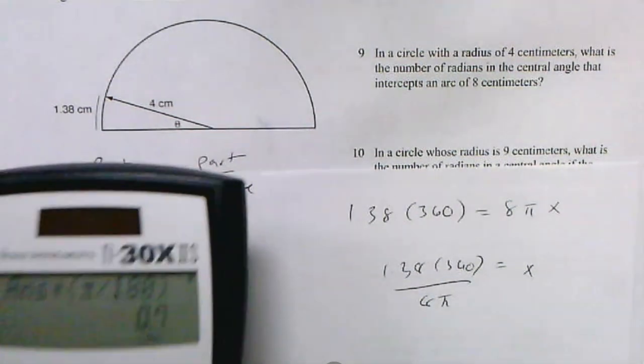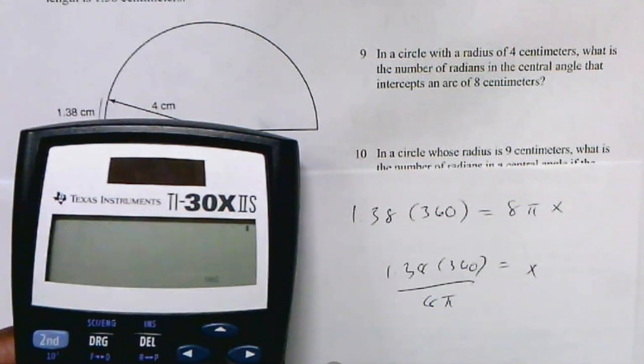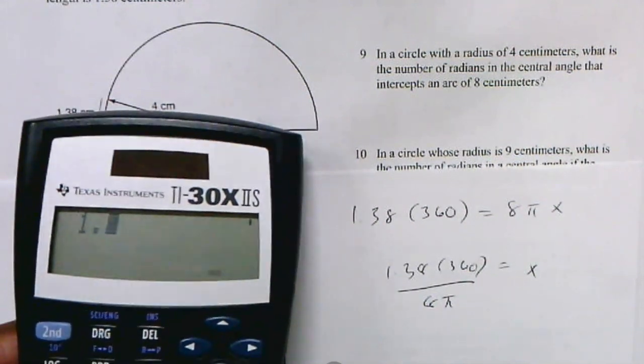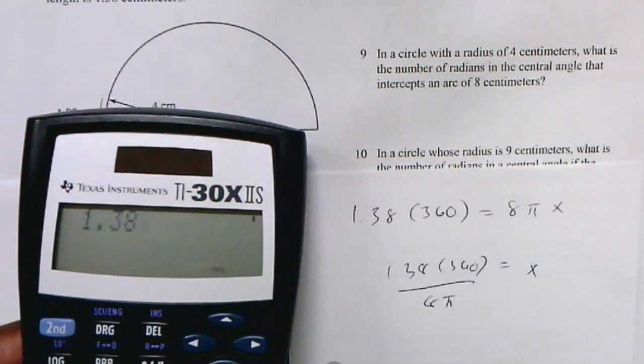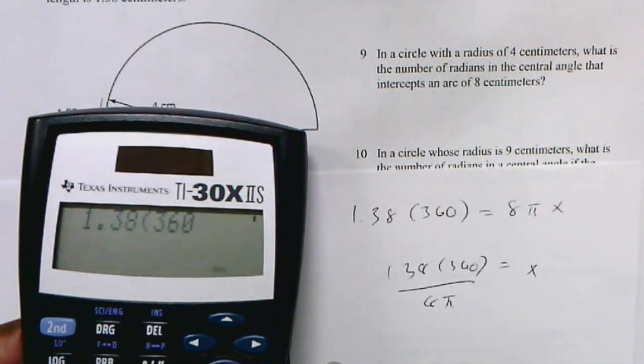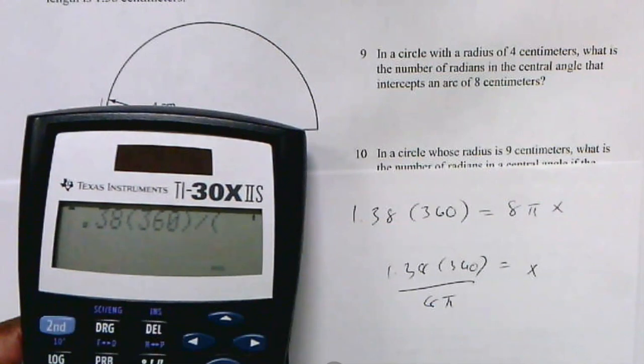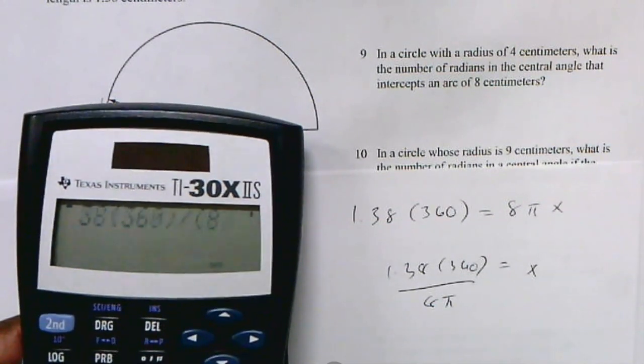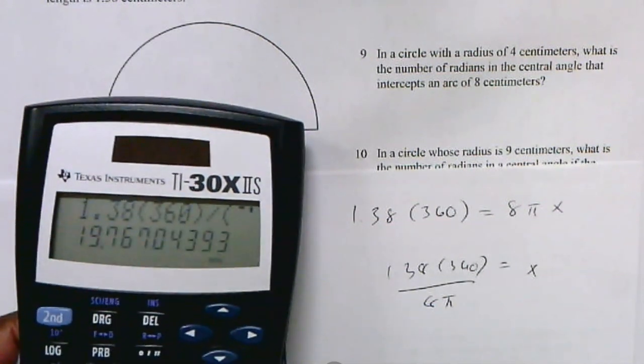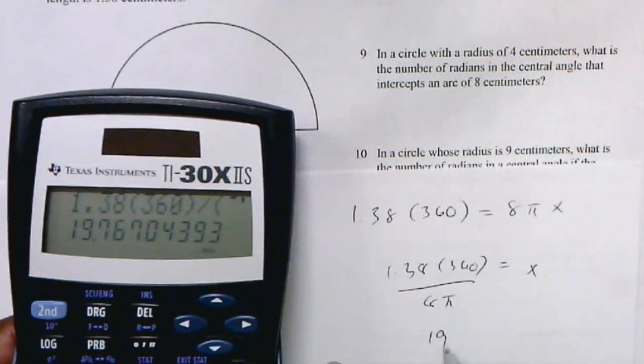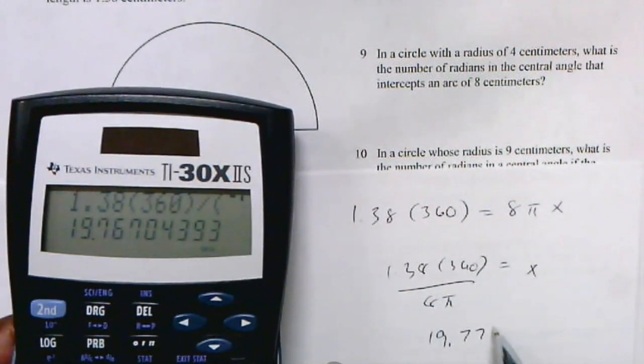If you plug that into your calculator, it should be 1.38 times 360 divided by, in parentheses, 8 pi. In degrees, that's about 19.77 degrees.